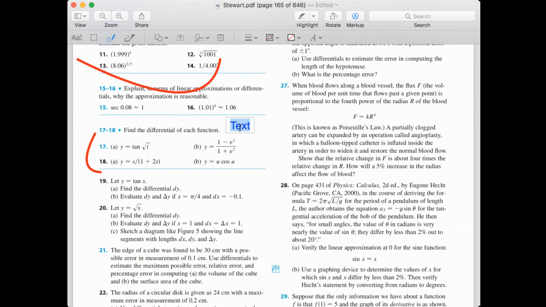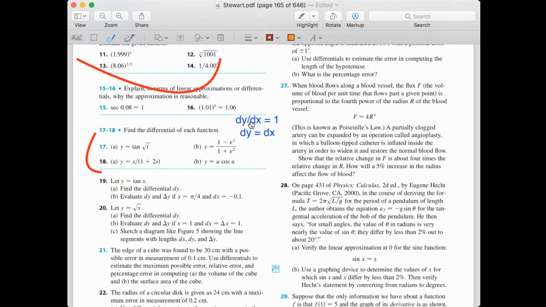Remember, what is the differential? What do we call the differential? Let's see, we have dy dx, which I usually call f prime. Then the differential is just the dy part. Let's say dy dx equals 1. I can rewrite this as dy equals 1 times dx.